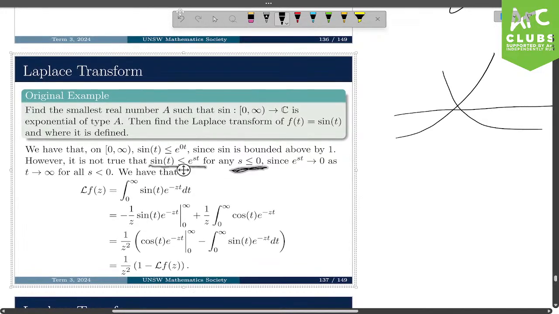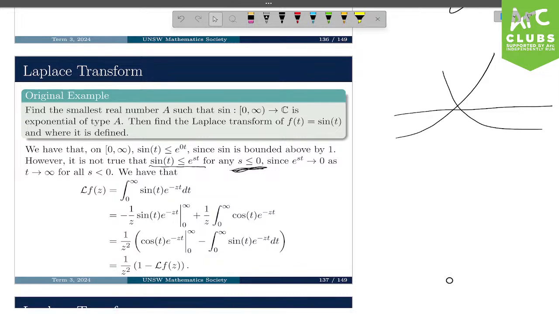So we've determined the type, and now we can perform the Laplace transform on sine of t. So we recognize that z is such that the real component of z is greater than 0. So this is just saying that it is on the right half plane. Fantastic.